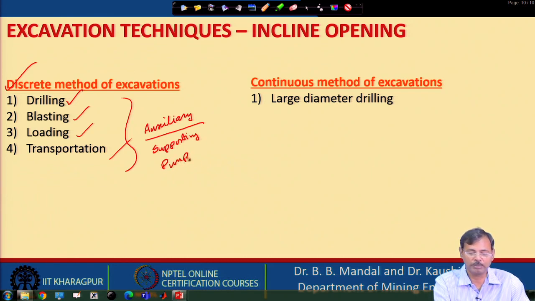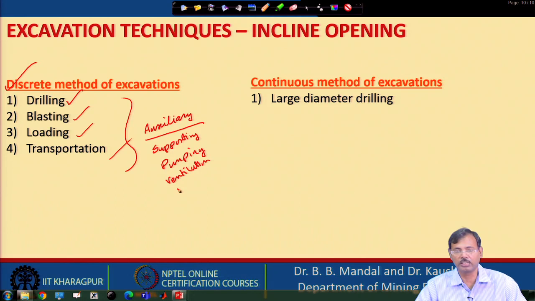As excavation is carried out in the underground, water accumulation must be there. So, pumping is required, then ventilation is required. So, the ventilation air duct has to be extended, electrical installations have to be extended, and compressed air pipes have to be extended.